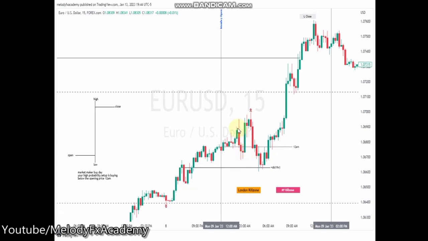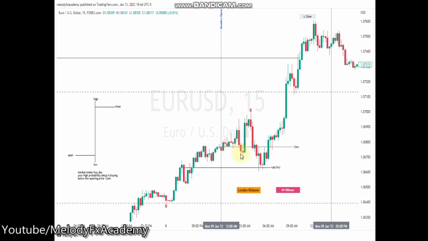So notice the first low that went below this 12 a.m. midnight, okay. If you are quick on the lower time frame, you could have gotten a long entry there, but I'm not interested in this minor movement, right? I'm not interested in this minor movement because you can see we went below an old low here, okay.